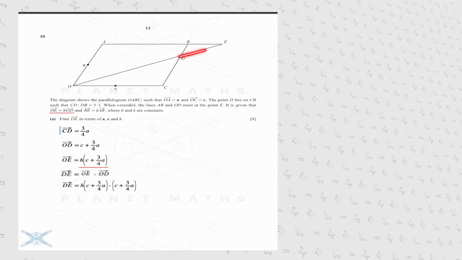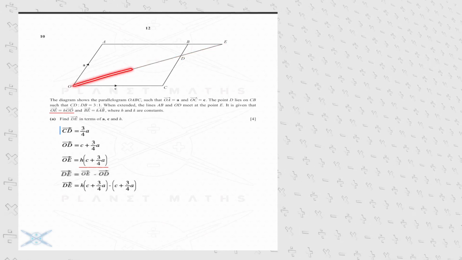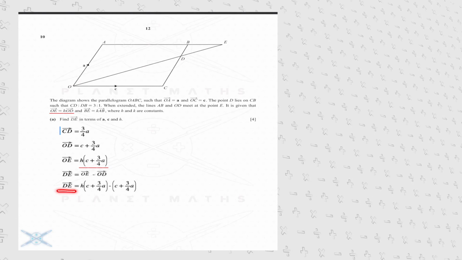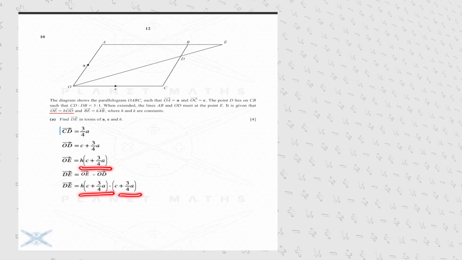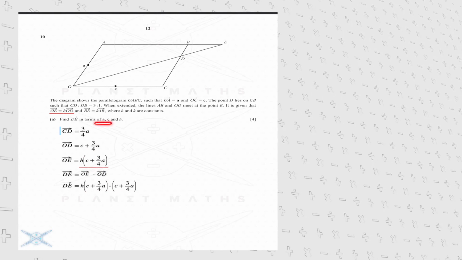Consequently, vector DE is the same as the difference of vector OE minus vector OD, and therefore vector DE can be represented by this expression here, fulfilling the requirements for it to be represented in terms of A, C and H.